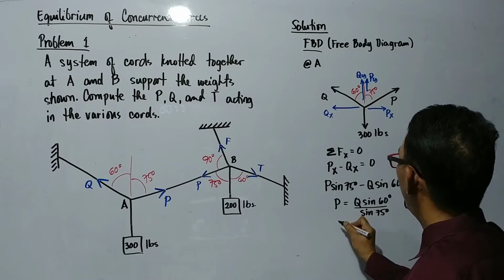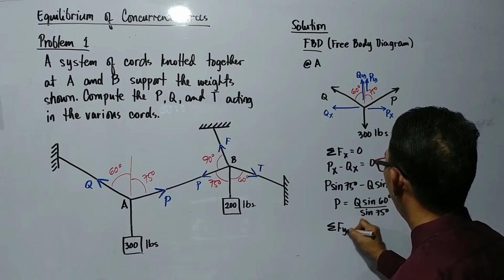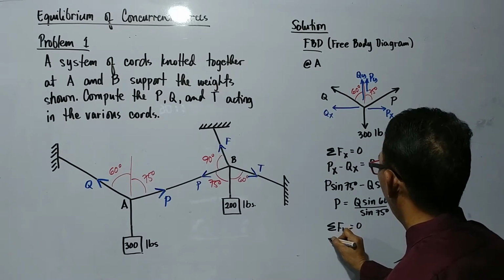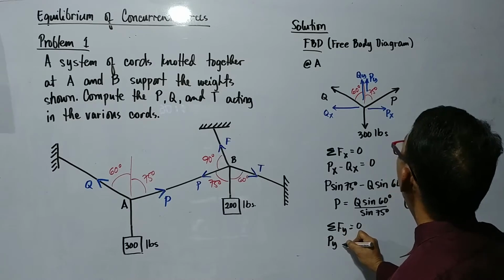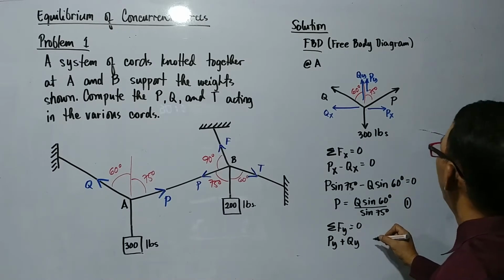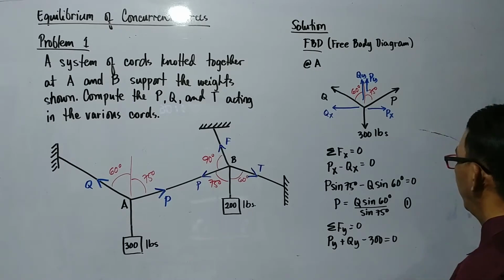By summation of forces vertical, we have PY plus QY minus 300 equals 0.